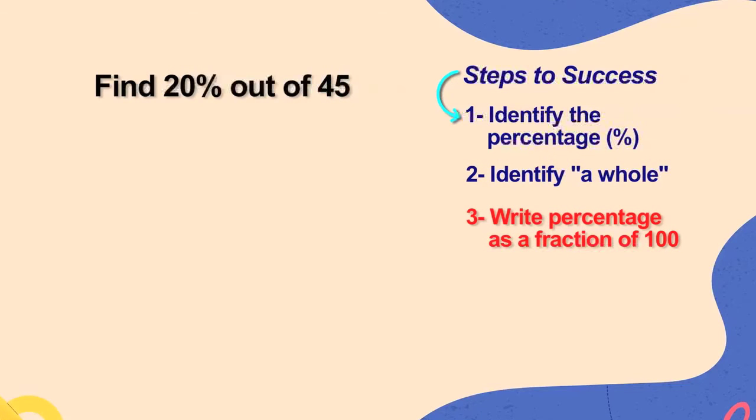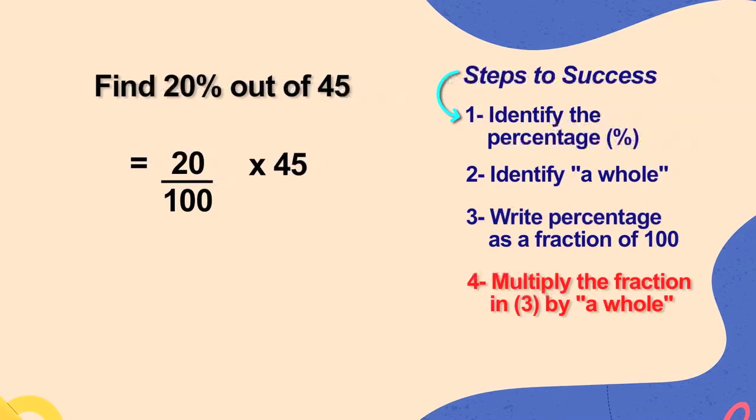You will write the percentage as 20 out of 100 and then multiply the fraction in step 3 by a whole, which is 45. Finally, I'm going to show you the working.